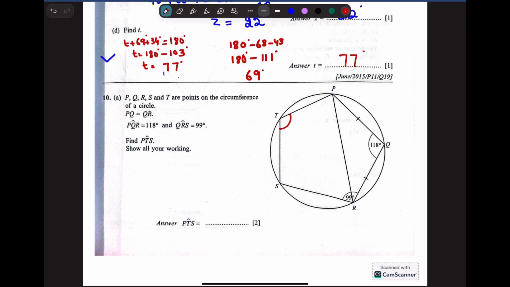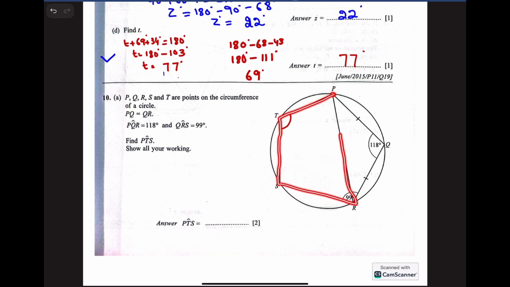So you need to figure out what PTS is. Okay, so if you look carefully, you can figure out that PRST is a cyclic quadrilateral.